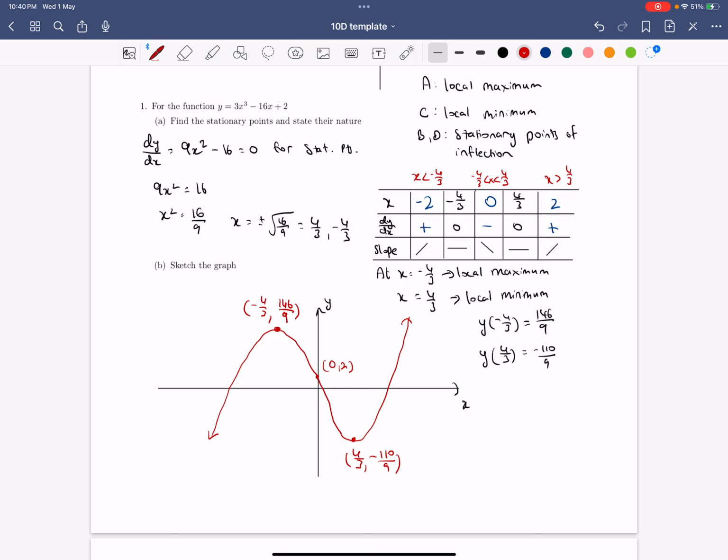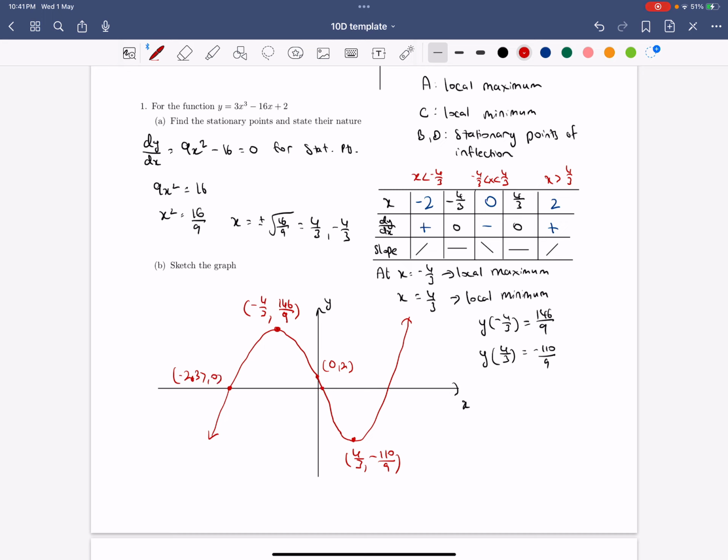So f1 of x equals 0 for x. Yeah, so it has an answer. They're just not nice answers. So I'm going to put these correct to 2 decimal places. So this is like negative 2.370.